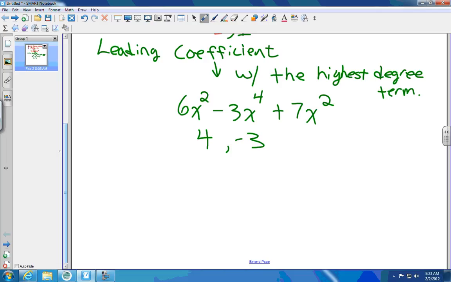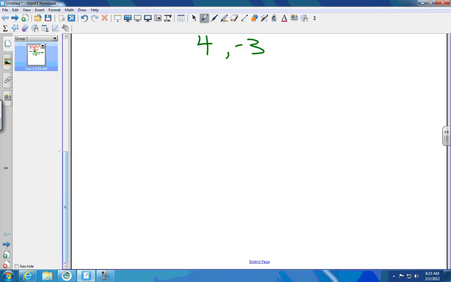The other thing that we'll talk about on those same problems, it will ask you to state the degree and leading coefficient of each polynomial in one variable. And they will have some examples like that, and it will tell you state the degree and the leading coefficient.